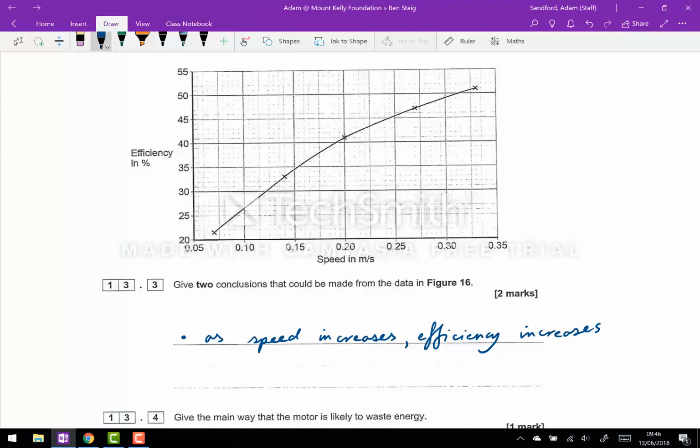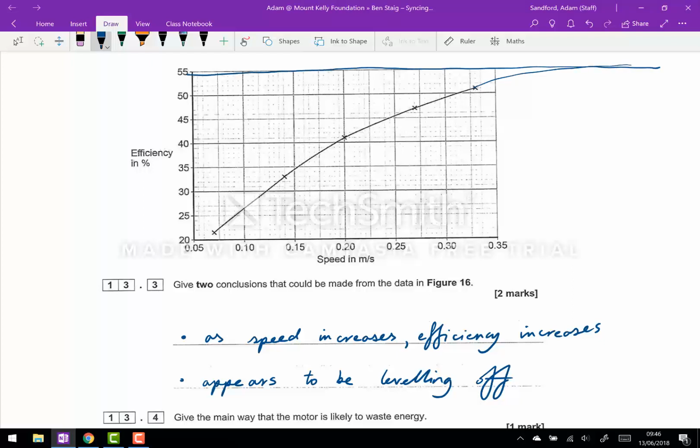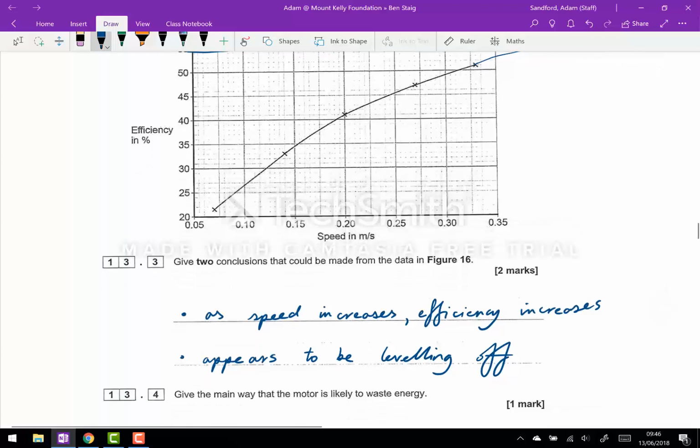So be careful there, and it appears to be levelling off. Okay, so if we carried on, it's going to flatten out and we're going to get a maximum efficiency. So that's what it appears it's going to do, and that's all we can do in terms of the data that we've been given.